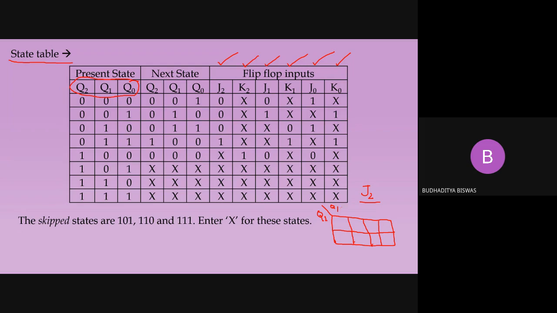Okay, and that is 0 0, 0 1, 1 1, 1 0, and here this is 0 and that is 1.